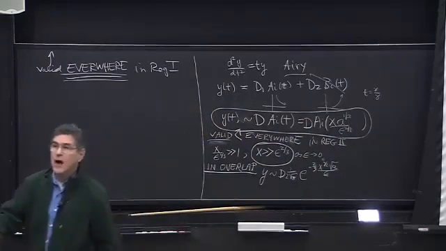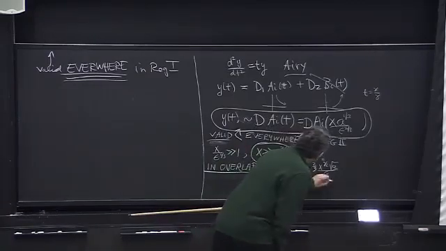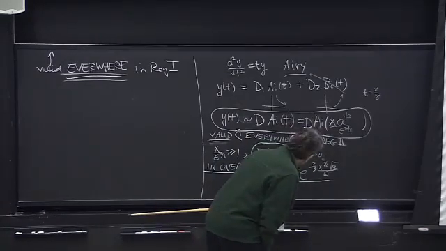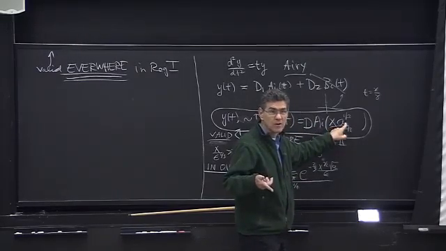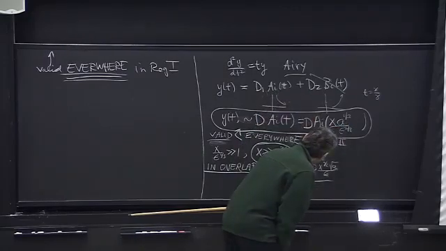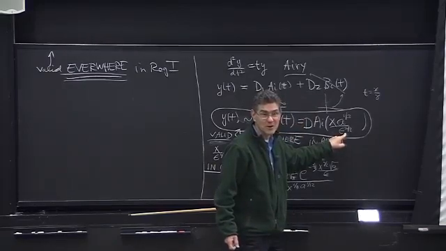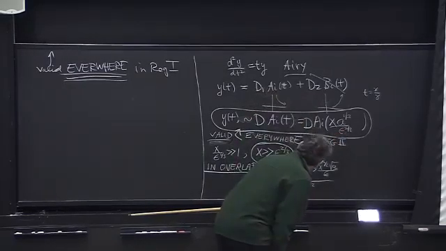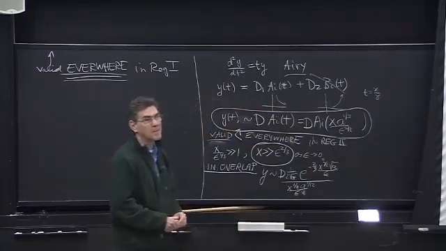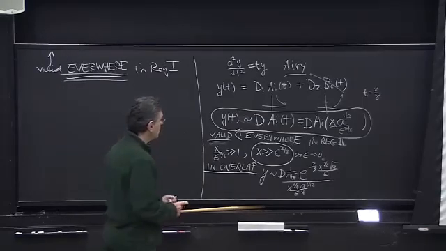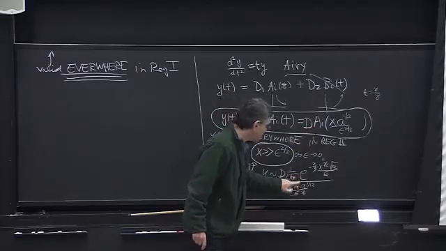And then it's divided by the argument to the 1/4 power. What is the argument to the 1/4 power? It would be x to the 1/4. What's a to the 1/3 to the 1/4? A to the 1/12. What's epsilon to the 2/3 to the 1/4? Epsilon to the 1/6. So in the overlap region, we approximate this asymptotic approximation by this asymptotic approximation.